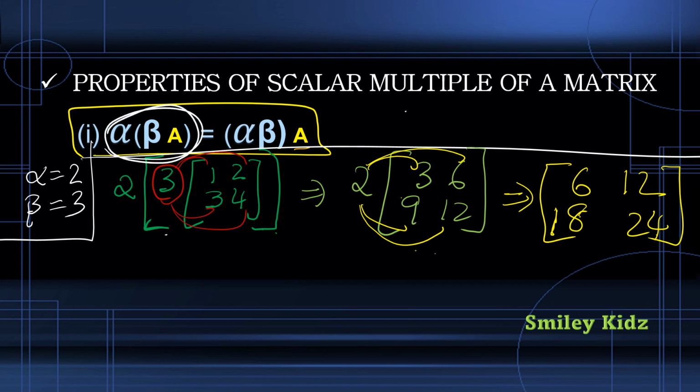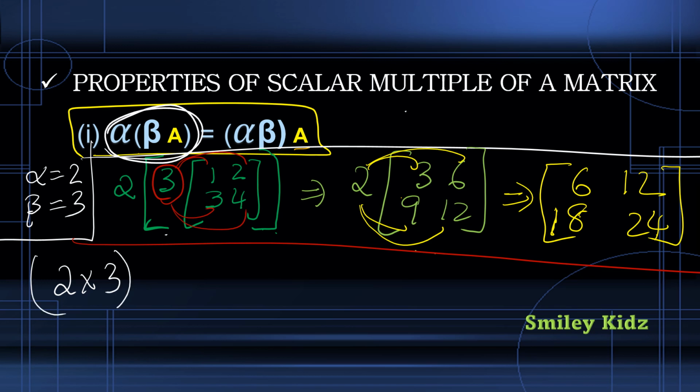Now if you implement this on the right-hand side, that is alpha beta into A, you put alpha and beta in brackets. So 2 into 3 will be in brackets, and on the other side you have the matrix 1, 2, 3, 4.